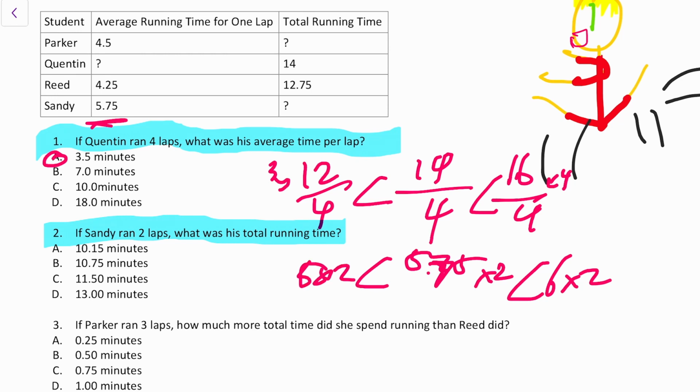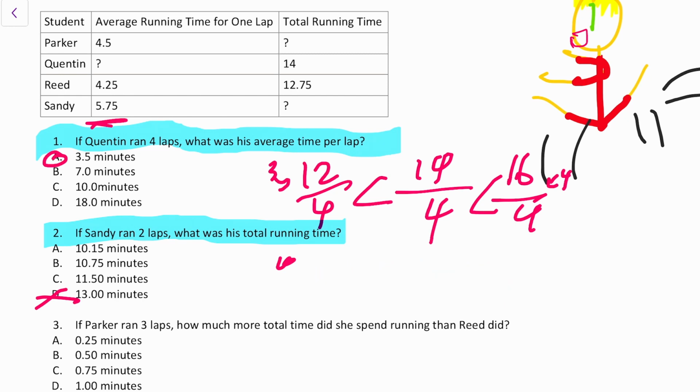Oh, wait. But if it's less than 12 and more than 10, there's actually 3 answer choices that match that requirement.